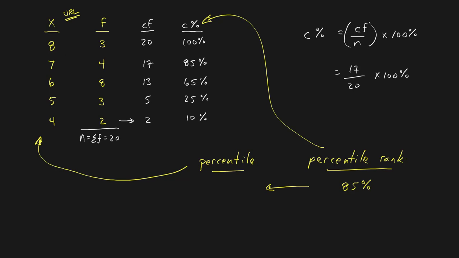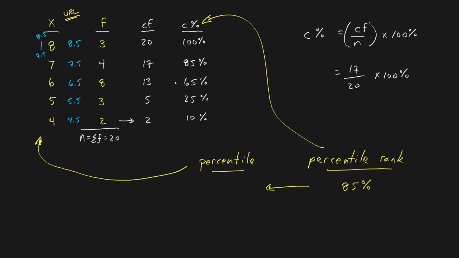So for 8, my upper real limit, or the top of this category, which spans from 8.5 down to 7.5. So 8 covers the category from 7.5 up to 8.5. The top is 8.5. The top of the 7 category is 7.5. The top of the 6 category is 6.5, and so on.